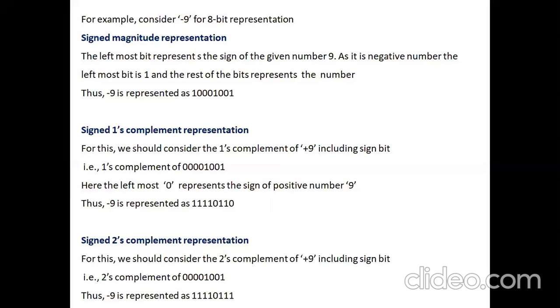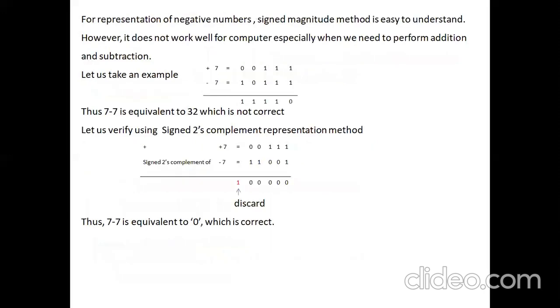Similarly, for 2's complement representation, as I just told you, first find the 1's complement representation and then add 1 at the rightmost bit. Then you get the answer 1 1 1 1 0 1 1 1. That is how you find the sign magnitude, signed 1's complement and 2's complement representation for the given number 9.